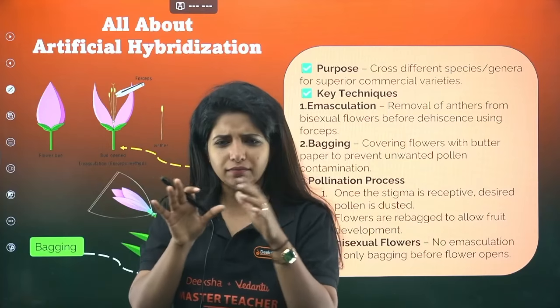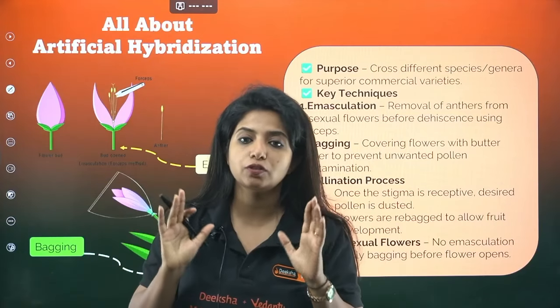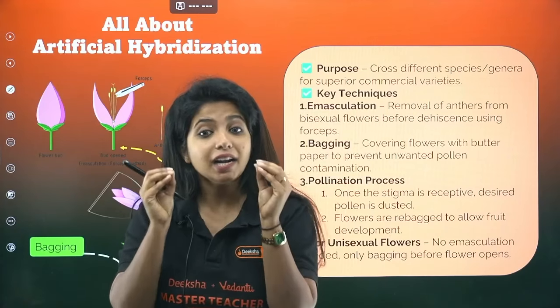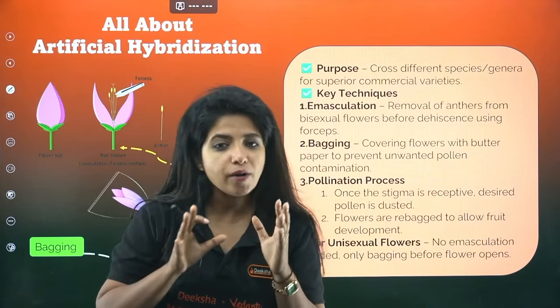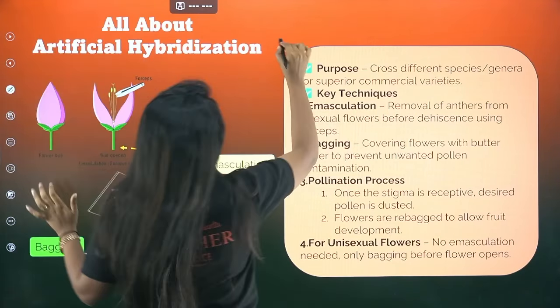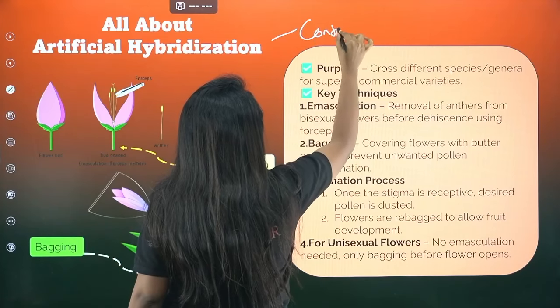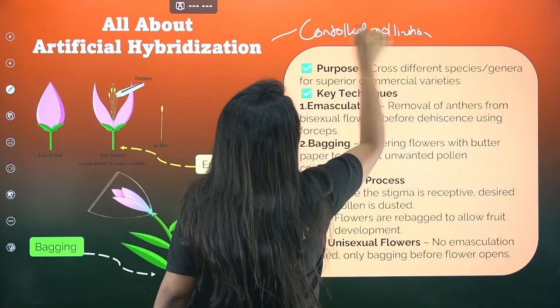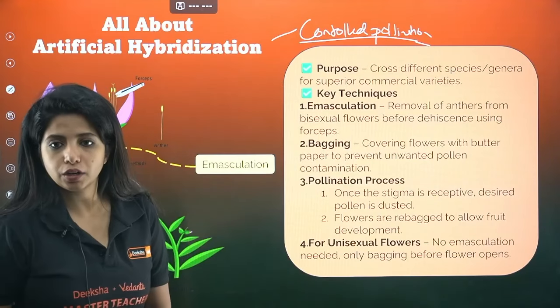Then I give all the atmosphere for fertilization and everything to happen smoothly. This is known as artificial hybridization, or controlled pollination, because it's not happening naturally. The pollination, at least, is not happening naturally. You are helping it happen.